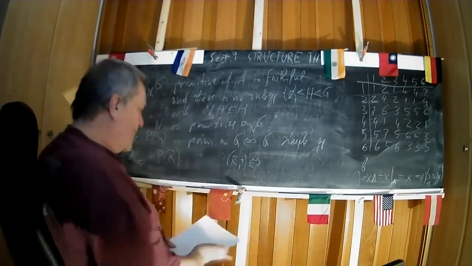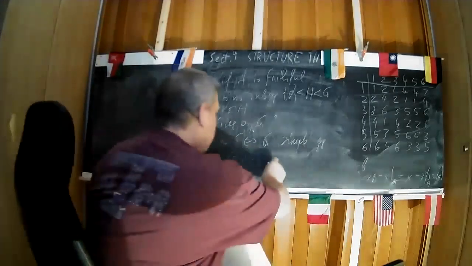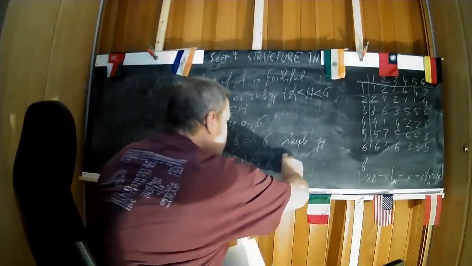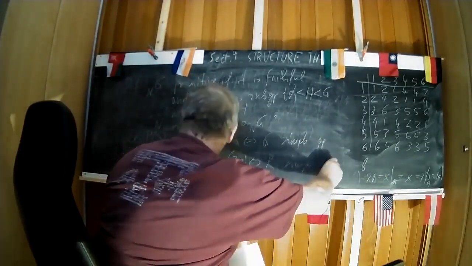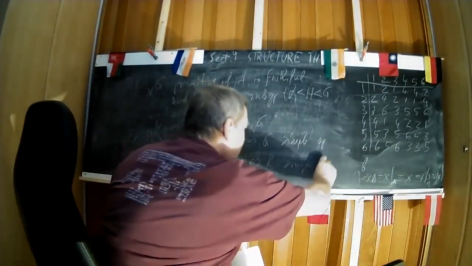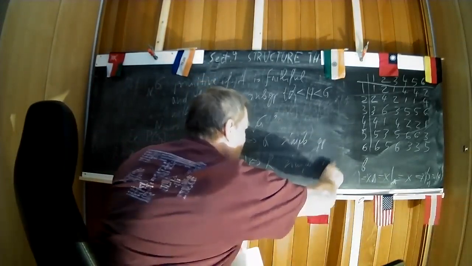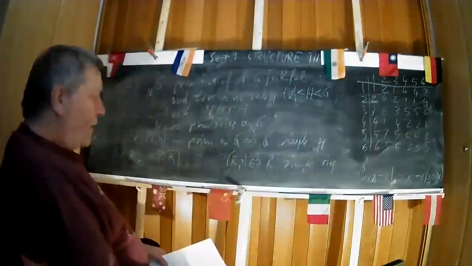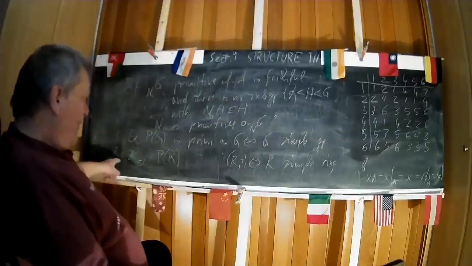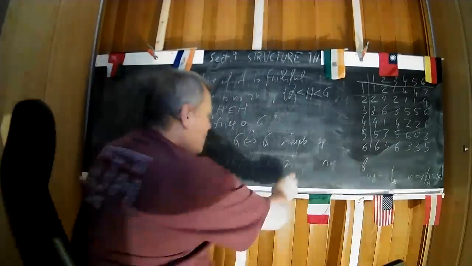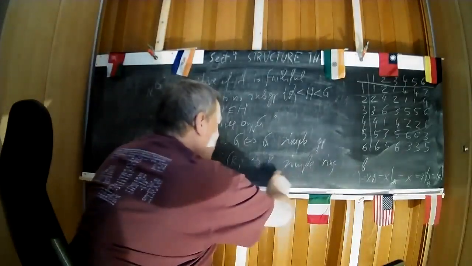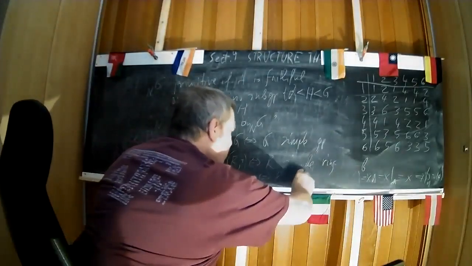And so it simply means that R is a simple ring. But a simple ring, which is commutative and has an identity, is a field. So we can say this happens if and only if R is a field.